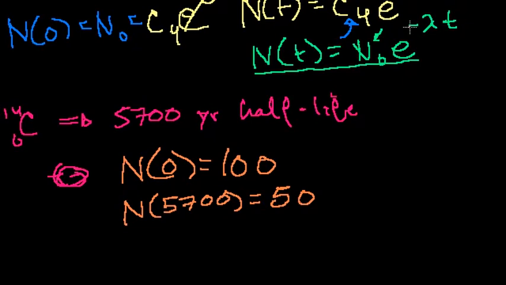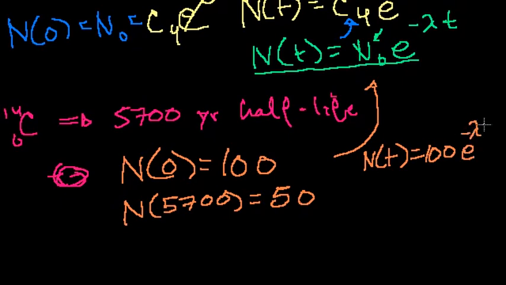So let's apply that to this equation and try to solve this for lambda. So we know N of 0 is equal to 100. So we immediately know that we can write this equation as N of t is equal to 100 e to the minus lambda t, at least in this circumstance.